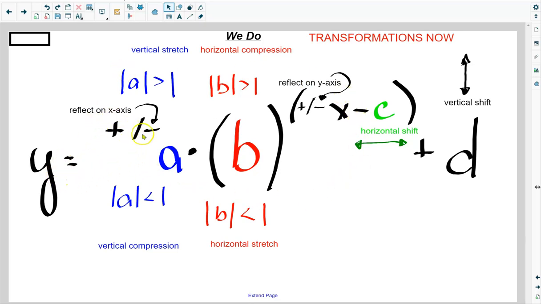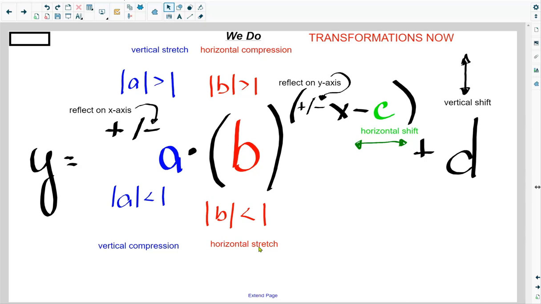But you still have what? The sign doing the reflection on the x-axis. The A still having the same effect. The B and this part are in different locations, but they do the same thing. The bigger the B, the more of a horizontal compression. Once you get a simple fraction, smaller than 1, you start getting a horizontal stretch.